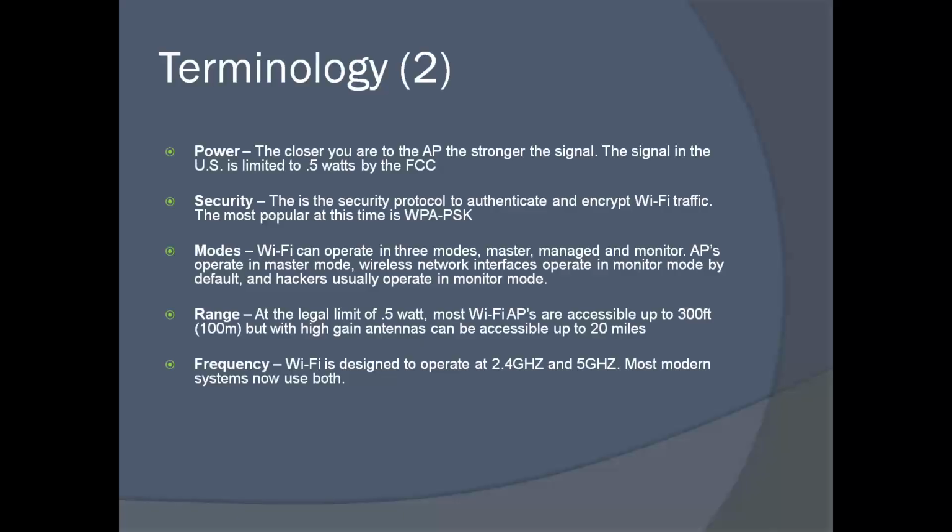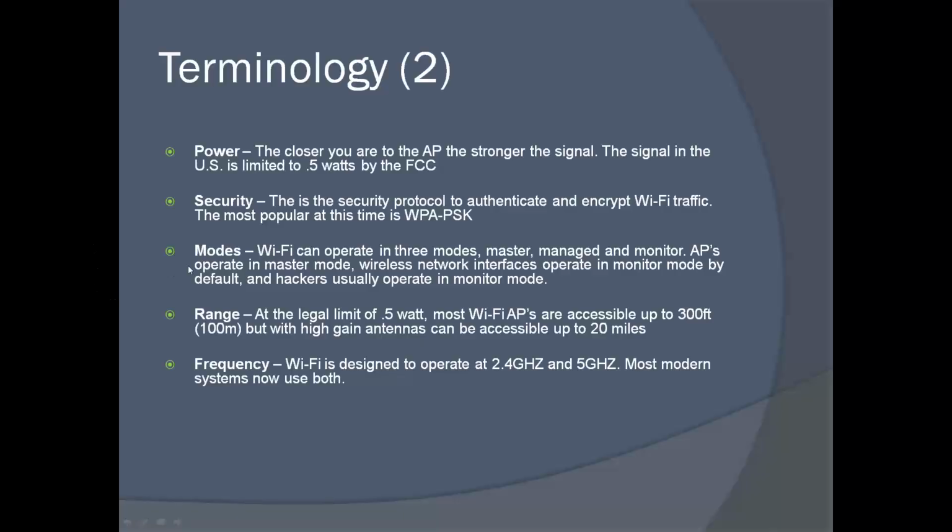An evil twin attack is where we essentially set up an AP with exactly the same SSID as a legitimate one and try to get people to connect to it. We'll set that up in class as well.